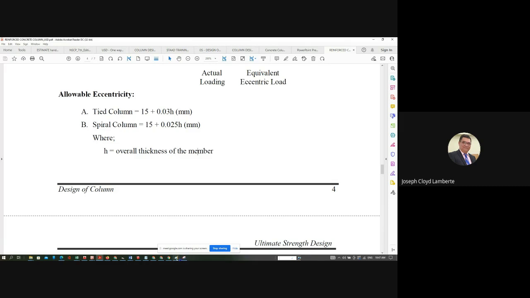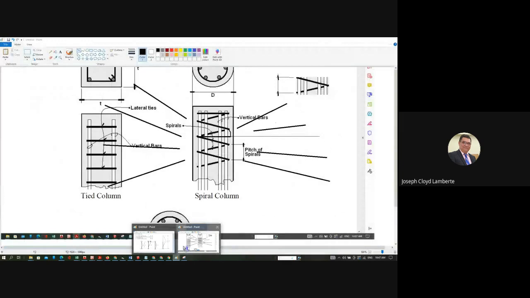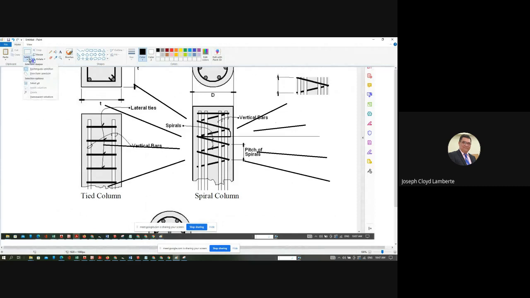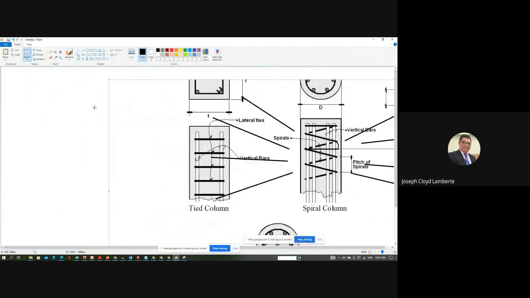So kung mao ni atong column, kay usahay rectangular, naay duha ka axis. If you are considering direction paingon diri, vertical direction, ang imong gamiton nga h is kani nga h.